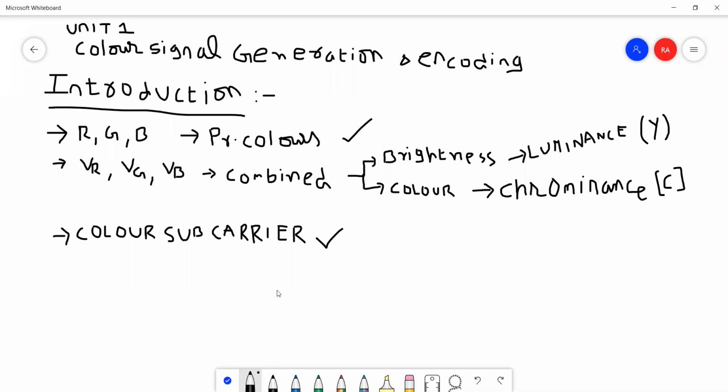Therefore, a total of 7 megahertz monochrome transmission bandwidth is required. What is this entire process called? This entire process is called encoding. So, color signal generation along with encoding.